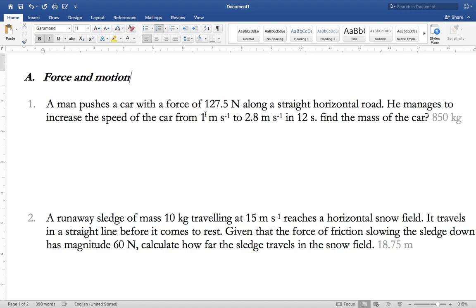And then we have the acceleration. 1 meter second minus 1 is the initial velocity, 2.8 meter second minus 1 is the final velocity, and 12 seconds is the time. So 2.8 minus 1 divided by 12 is the acceleration, right?